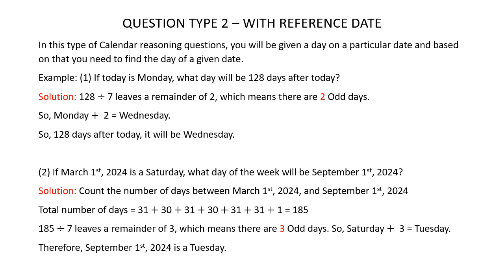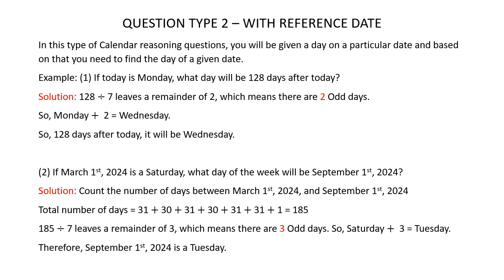If March 1st, 2024 is a Saturday, what day of the week will it be on September 1st, 2024? Now here it's given that March 1st, 2024 is a Saturday, and you have to find out which day it will be on September 1st, 2024. To do that, first you have to find the number of odd days.